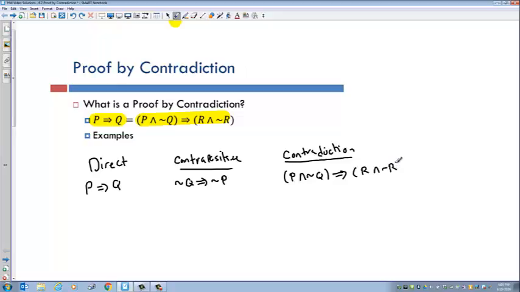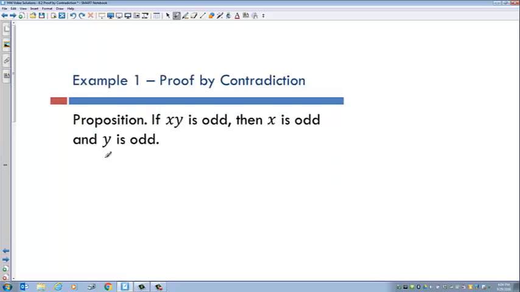So R and not R. And remember that we've shown that these three are equal to each other logically. So that's why they give us proofs of P implies Q. Let's look at a couple of examples. We've actually already done these examples in the last video, but instead of using the contrapositive, we'll prove it by contradiction.